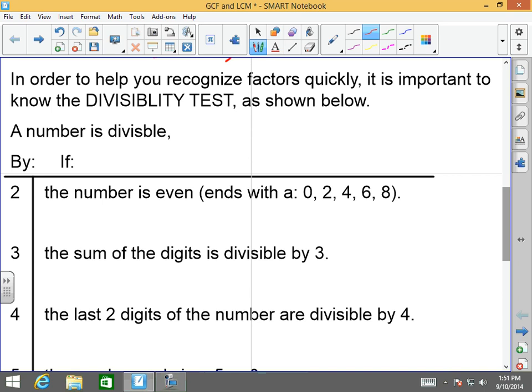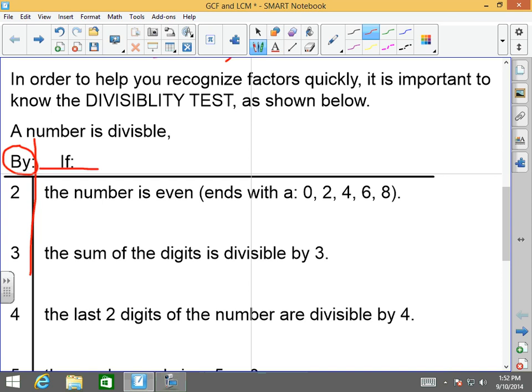And the way we read this table is like this. A number is divisible by, and then I have this line, if, and then I have the requirement.